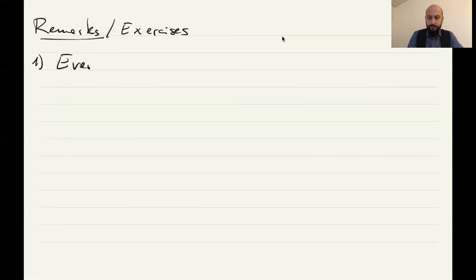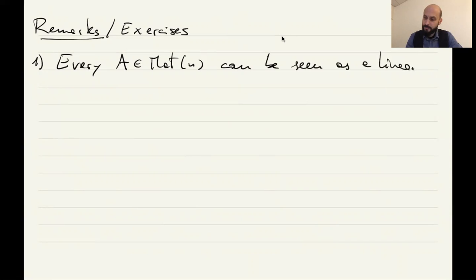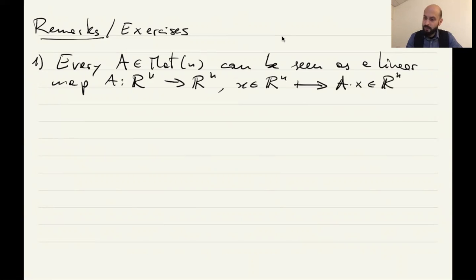Every element A, an n by n matrix, can be seen as a linear map A that goes from R^n to R^n, that to any vector x in R^n associates the vector A times x in R^n, where we are seeing x as a column vector, and this product is the matrix product, rows times columns.